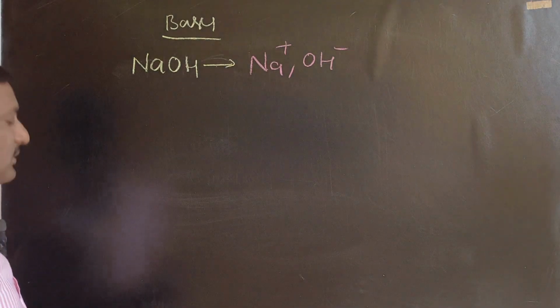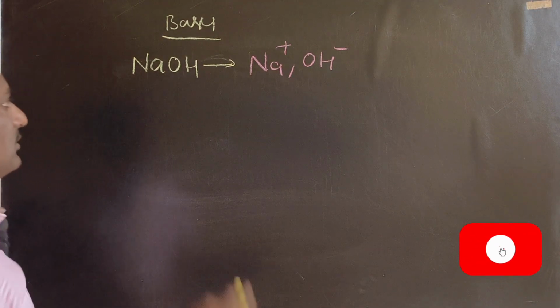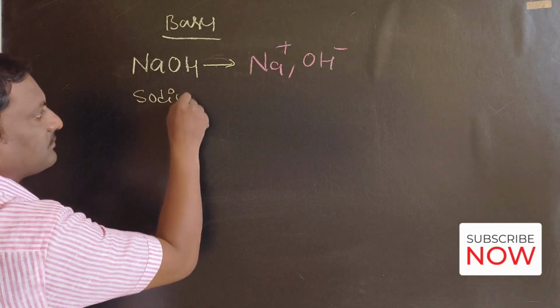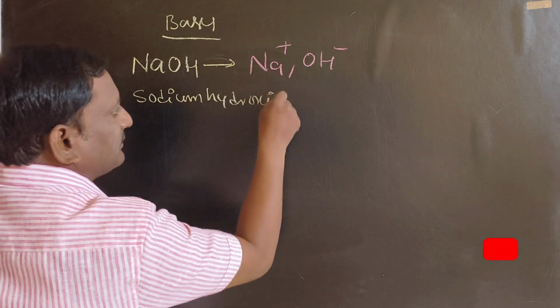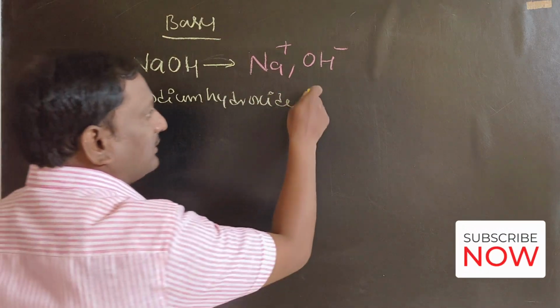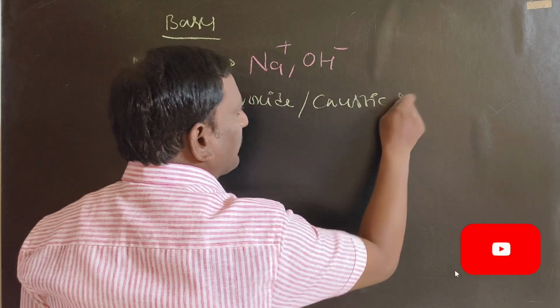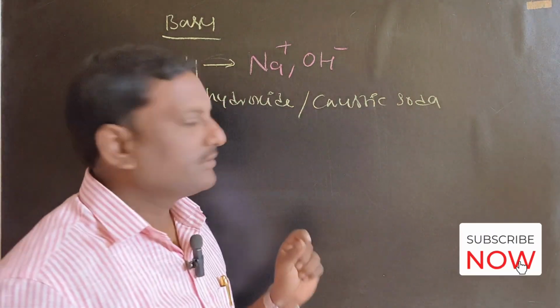So let me write the common name of sodium hydroxide as well. Sodium hydroxide is also called caustic soda. Based on the common names, you will get the question. Please make a note of it.